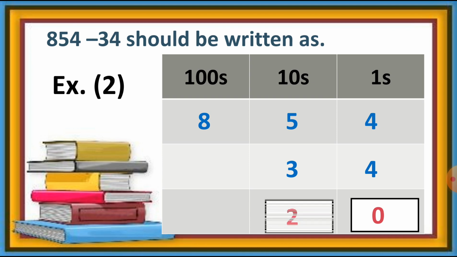So 5 minus 3 is equal to 2. Now let's move to the hundreds column. There is no digit to cut from the 8. So 8 will stay as it is. I am writing number 8 as it is, and the answer of 854 minus 34 is equal to 820. This is the answer.